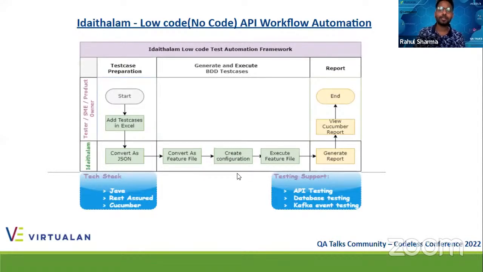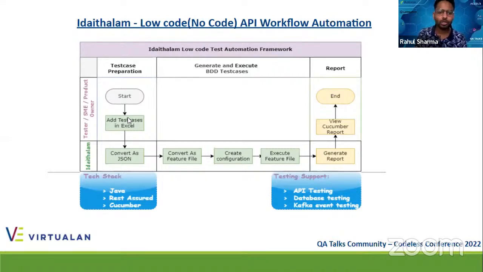So this slide helps you understand how a non-technical person, or a person who doesn't know scripting or doesn't want to script for the API test, can run the API test very smoothly. If you see, there are 2 layers. In the first layer, you see tester, SME, product owner. Whosoever is there in the project can start the API automation and contribute in the testing.